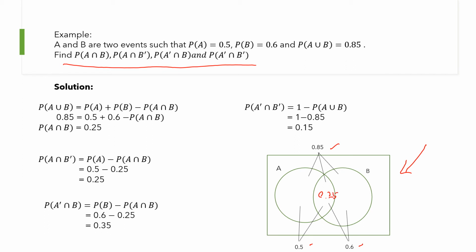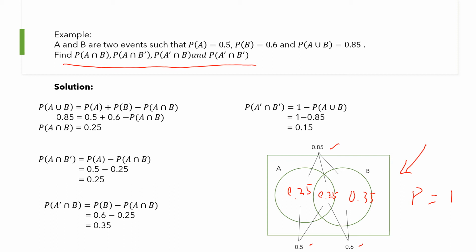So if the value here is 0.25, you can just use 0.6 minus 0.25, and you get this part, 0.35, and then the other part will also be 0.25. When we add up all the probabilities, it will become 1. It cannot exceed 1.